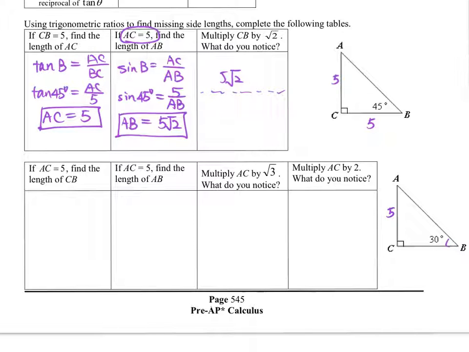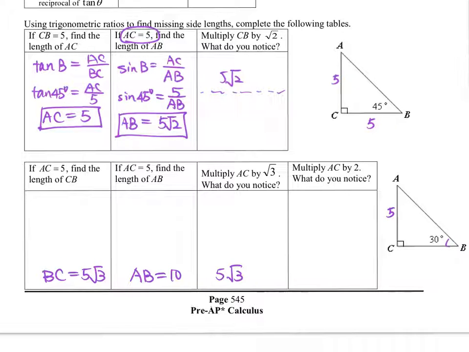And then it goes on to ask you to solve for AB, and you can use the same method as well. So I will leave you to do this, but I will give you the final answers here. AB is 10, and this becomes 5 root 3.